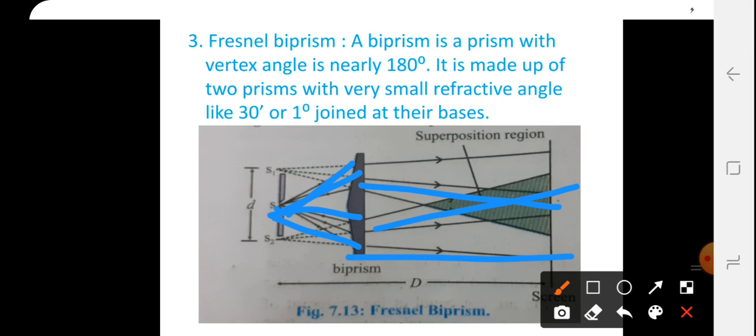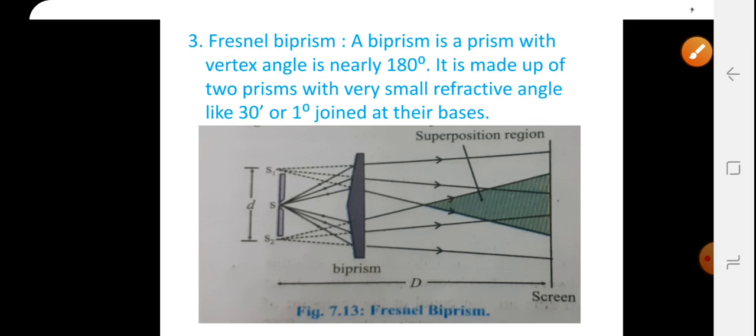The two waves coming from S1 and S2 interfere, and they form interference fringes like in Young's double slit experiment.